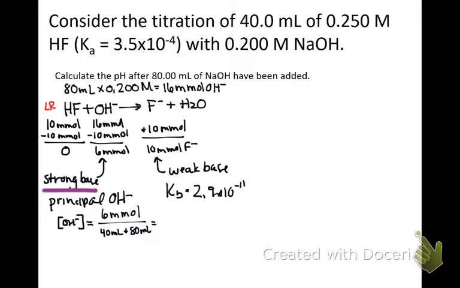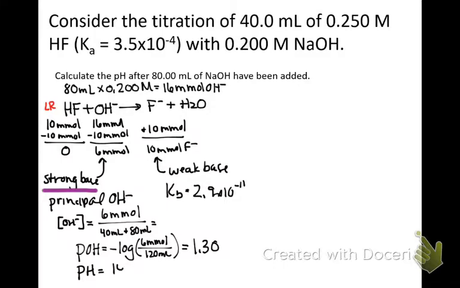If we put that into the pOH formula, negative log of 6 millimoles divided by 120 milliliters, we get that the pOH equals 1.3, and so that means that the pH equals 14 minus that, which is equal to 12.7.